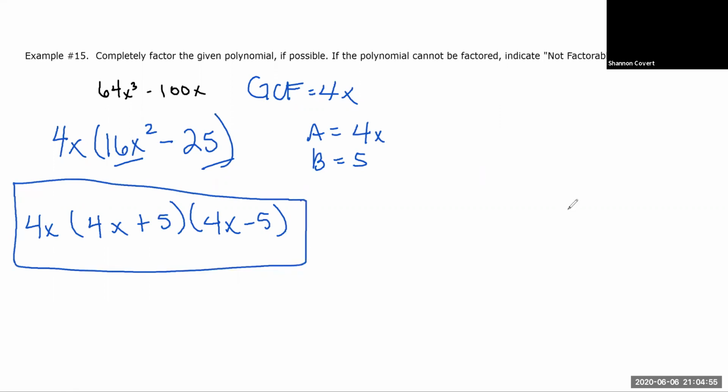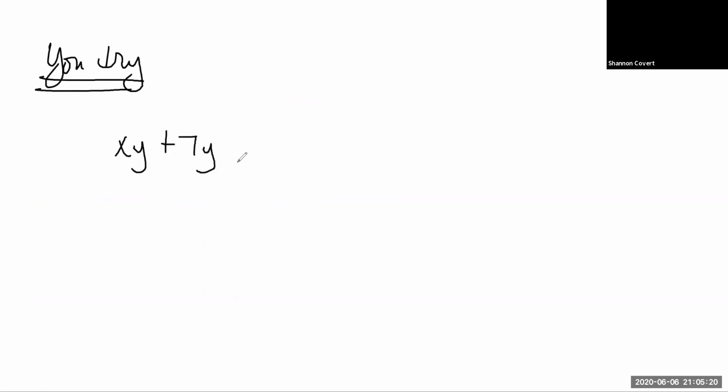All right. I'm going to give you one problem to try, and I'll give you some time to do it. I'm just going to write this one out. So this is a you-try problem. So this one is going to be xy plus 7y minus 7x minus 49.